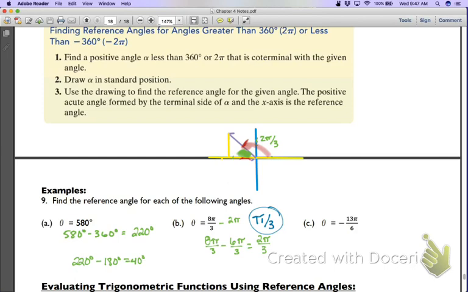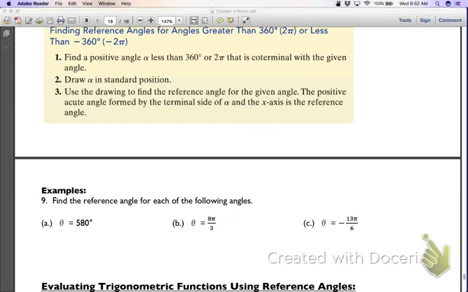Okay? So like in this case, it's going to end up being like 11 pi over 6. Okay, so then I've got to come back to my angle to go from there, where I think it's just going to be pi over 6. Okay.